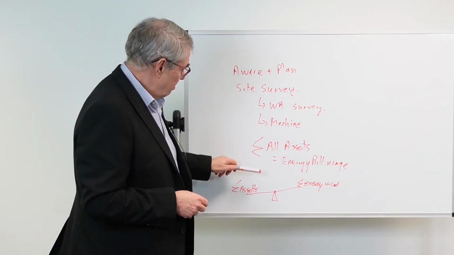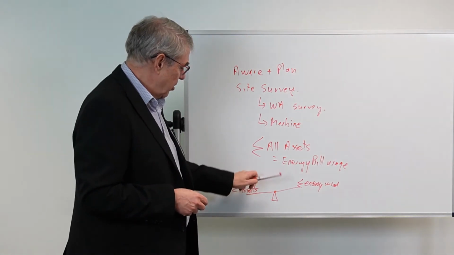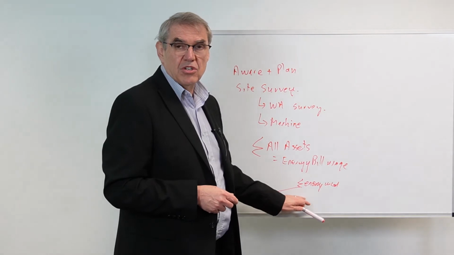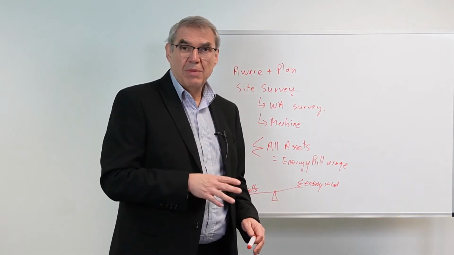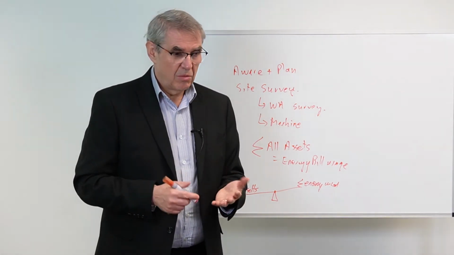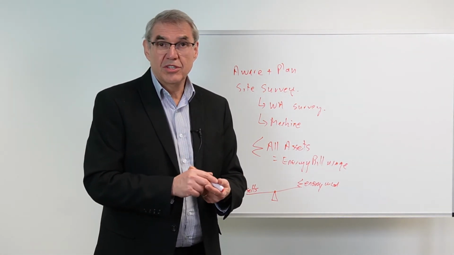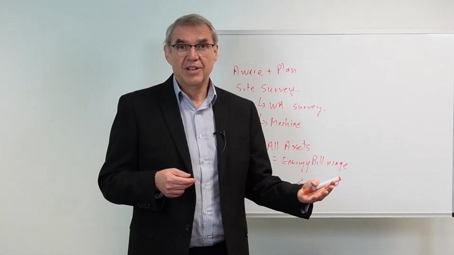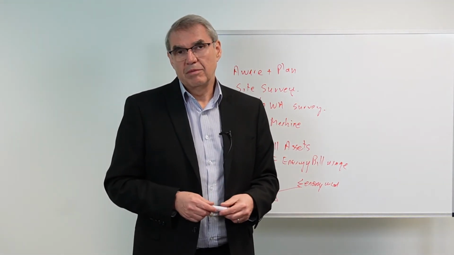Then desk work, add it all up, and try and match it up. If you add up all the assets, it should add up to the amount of energy used there. That's called the energy balance. And if you're doing ESOS, a third component, which is to then say, well, actually, if you did this and this and this, you'd probably save X, Y, Z. It will cost A, B, C to put in. Therefore, it's got a payback period of whatever it's going to be.